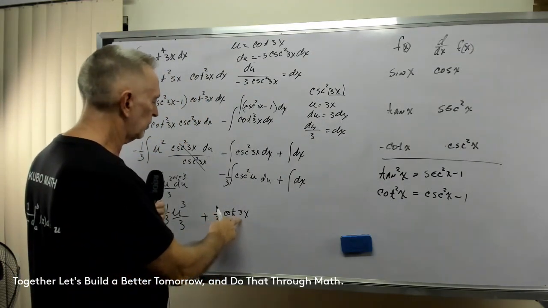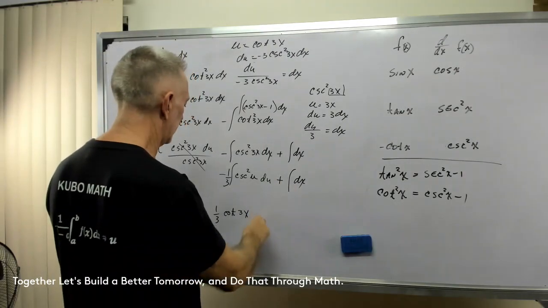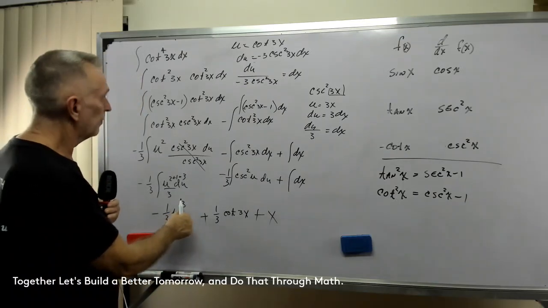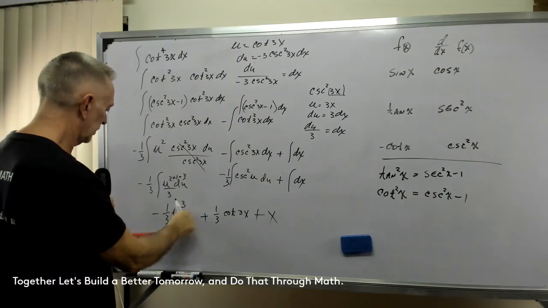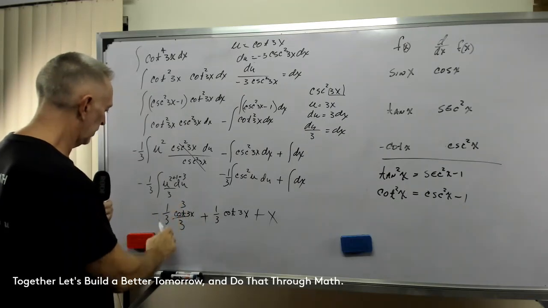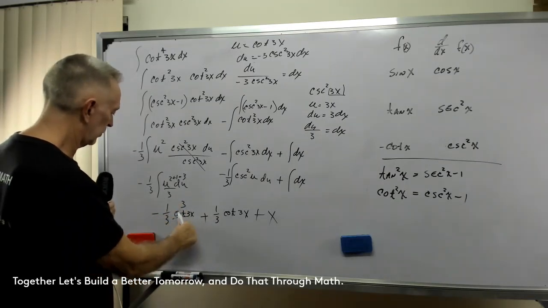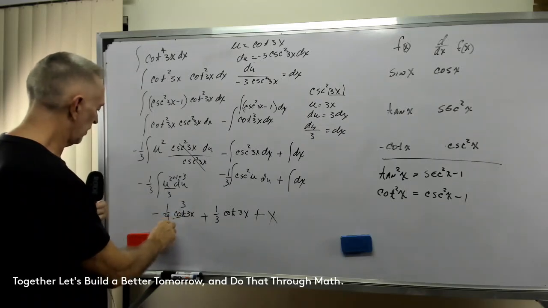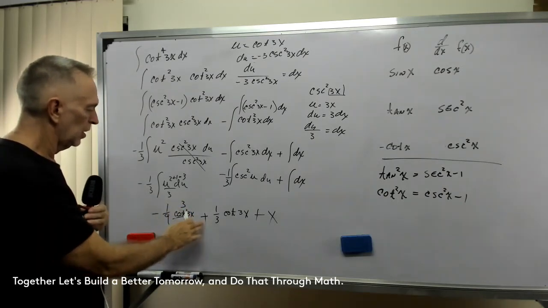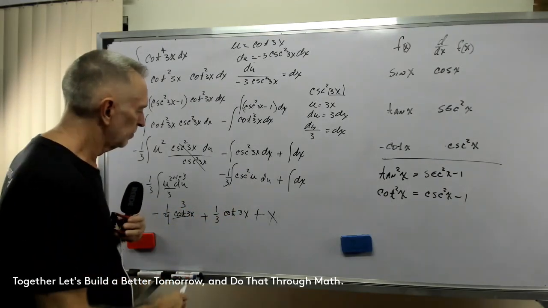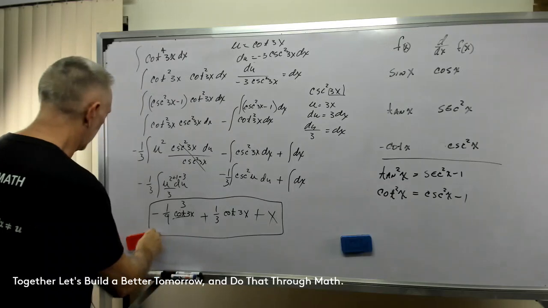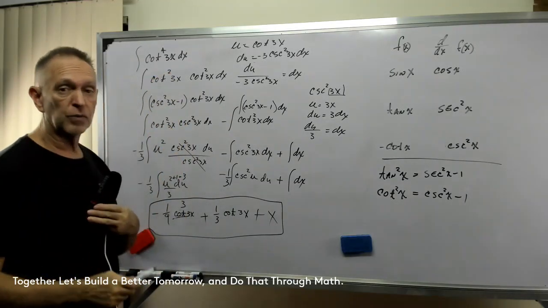So plus 1/3 cotangent 3x plus the integral of dx is what? It's x. All right, let's change this u to cotangent 3x. So that becomes cotangent 3x cubed times 1/3 times 1/3, which is 1/9. So we end up with minus 1/9 cotangent 3x cubed plus 1/3 cotangent 3x plus x. And that, my friend, is the integral of cotangent 3x raised to the 4th power.